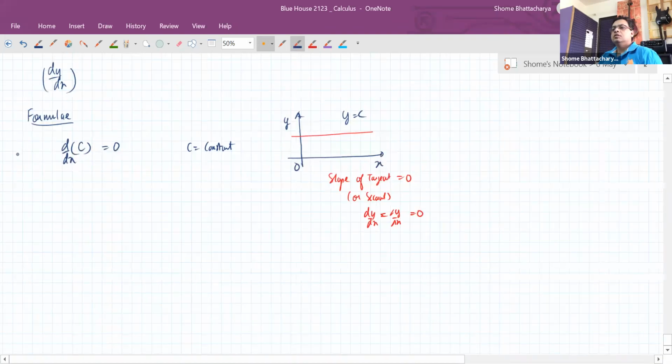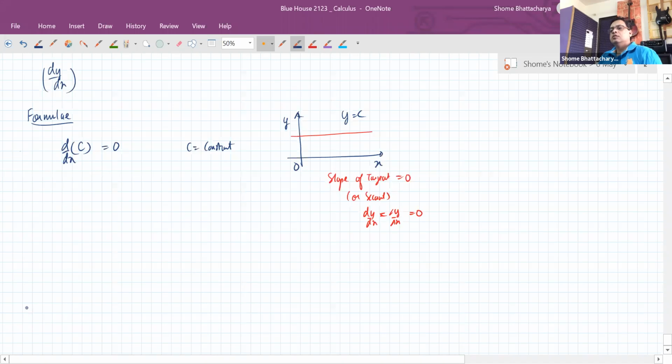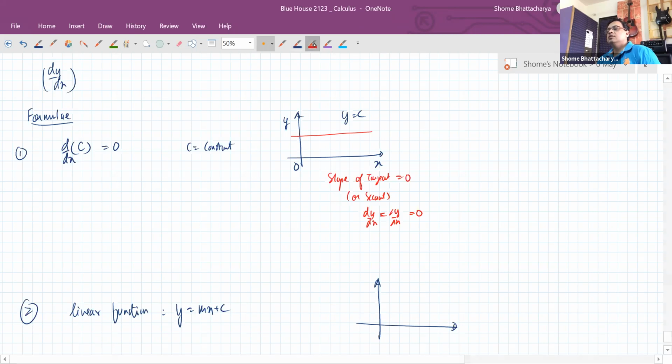Similarly, if we have a linear function, y is equal to mx plus c. So again, we can see that this graph of the linear function is a straight line, which itself has a slope. Sorry, need not pass through the origin. So let's take a general straight line. It itself has a slope equal to m.